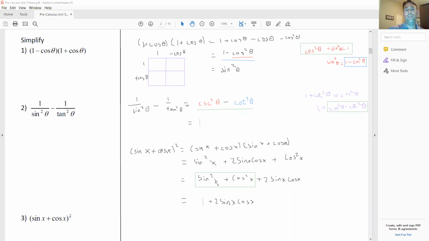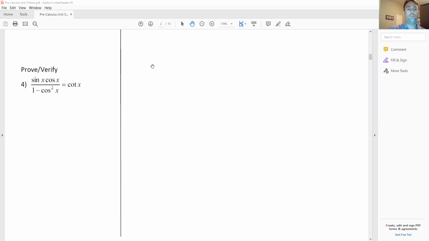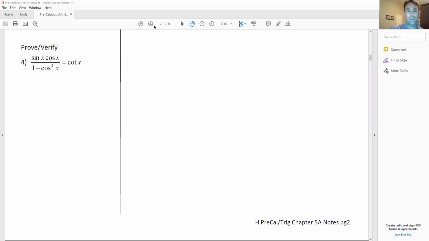And that gets us to the thing that we really want to play with, the thing we're going to spend a majority of our time on here, called proving and verifying trig relationships. Now, you're going to pick one side. You only get to play with one side. So you're going to pick one side and do everything you can to it, and when you can't do anything else, call it a day.